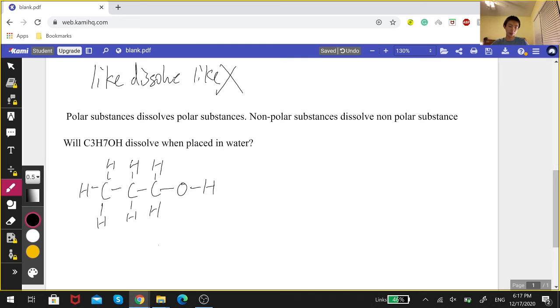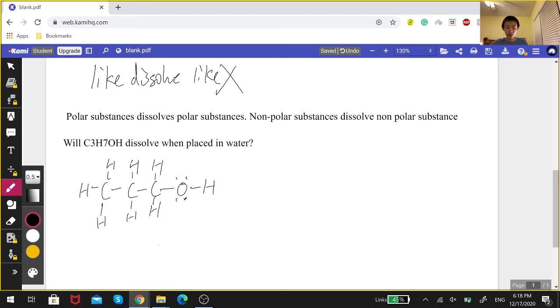And let me count the valence electrons real quick. 3 times 4 plus H, 7 times 1 plus O, which is 6 plus 1. So 26. Now we have there, boom. Now everything has, now this is the proper Lewis structure.